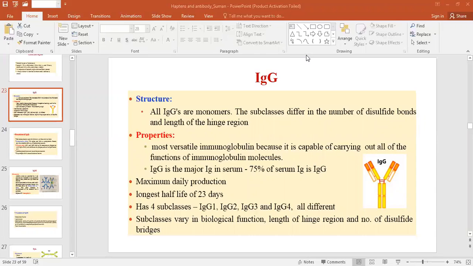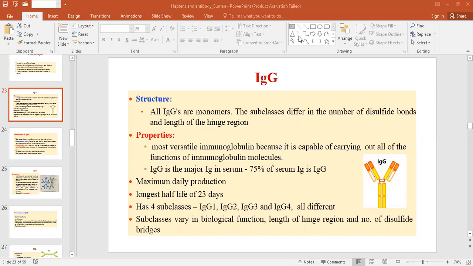If you look at the figure, you can see that immunoglobulin G, or IgG, is in its monomeric form. These monomers of immunoglobulin G are the most versatile immunoglobulin because they are capable of carrying out mostly all of the functions of an immunoglobulin molecule.